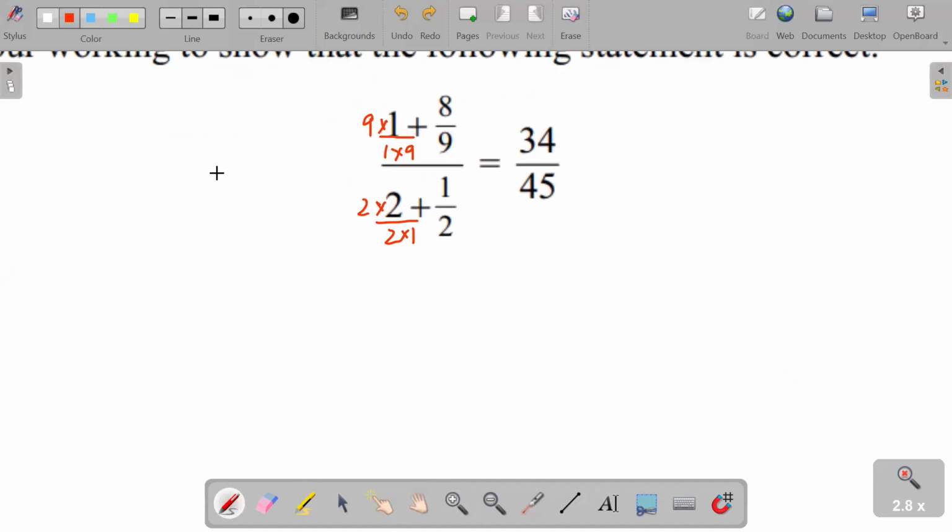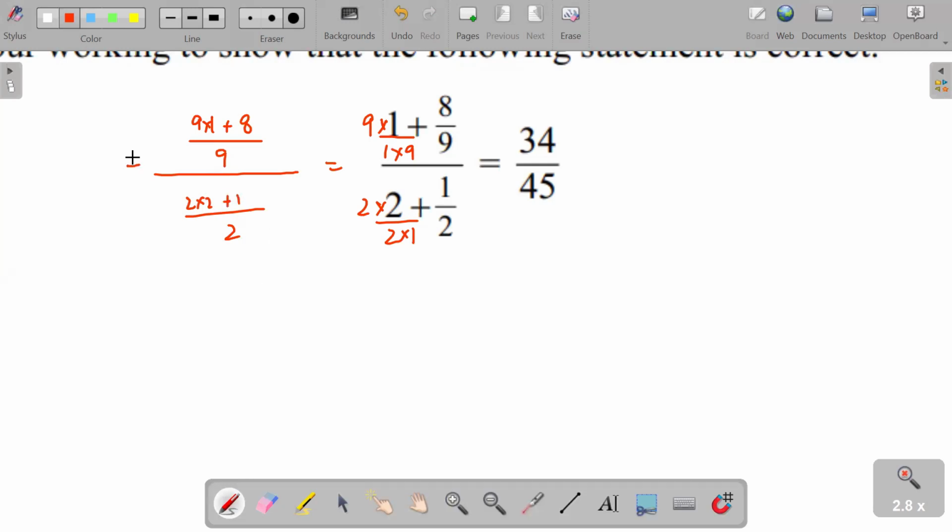Look now, this fraction will be written in one denominator. So it will be 9 times 1 plus 8. And this will be written in the same single denominator, and it will be 2 times 2 plus 1.